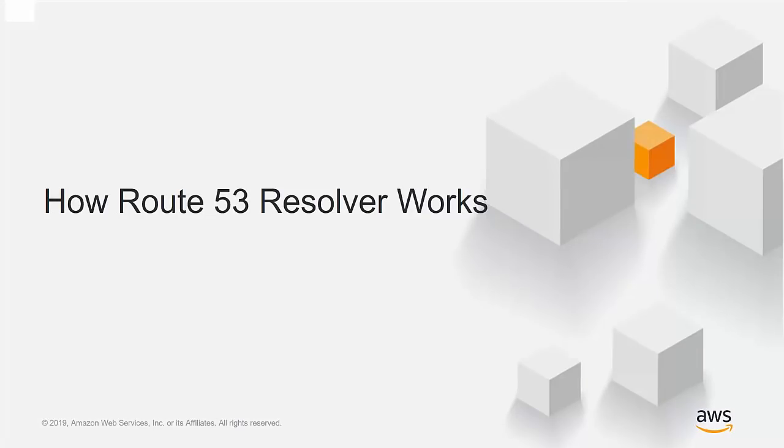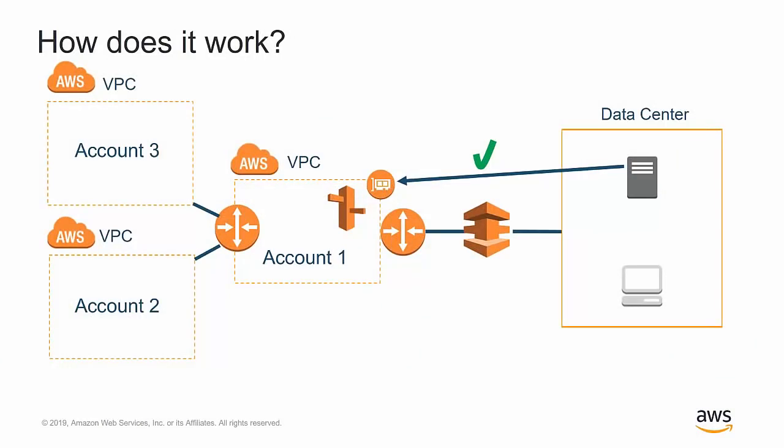So let's talk about how Route 53 Resolver works and how it helps replace those workarounds and simplifies this whole experience. Essentially, you create an endpoint, and that endpoint is attached to your VPC, and those endpoints have an IP address. Similar to what we talked about before, your data center will have some logic that says, if I want www.example.com, I know that my server doesn't know the name, so forward it to the location that does know the name.